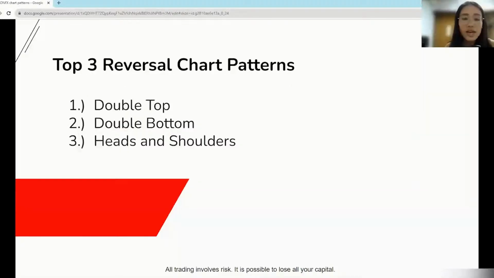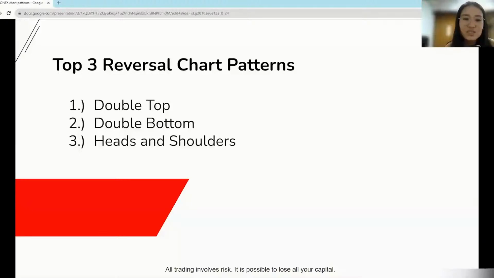So let's now look at the top 3 reversal chart patterns. These chart patterns basically indicate that there will be a reversal in trend. Of course, you would know that there are a lot of different ways for you to identify a trend reversal, but these chart patterns are our top 3 ways.